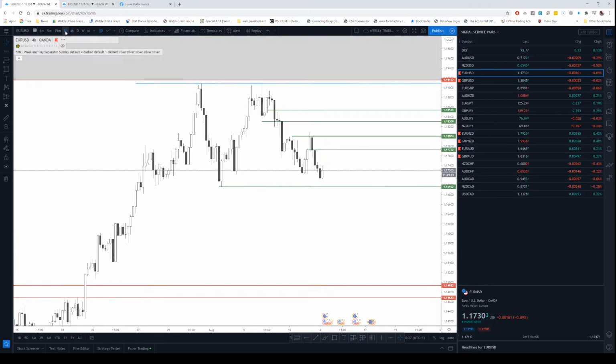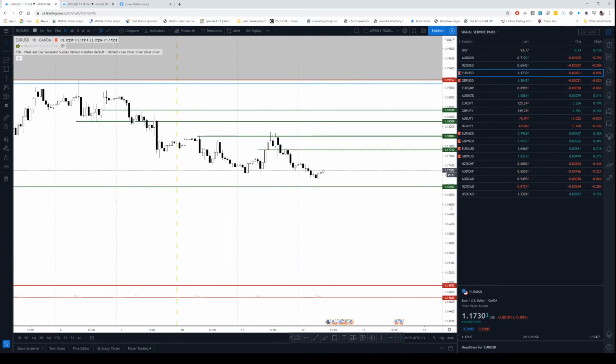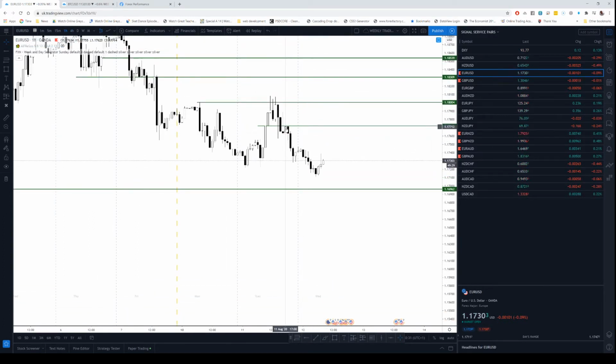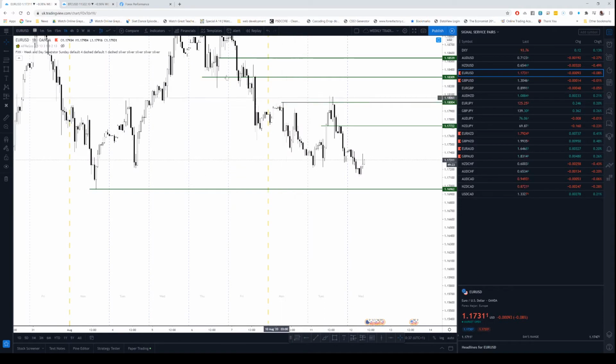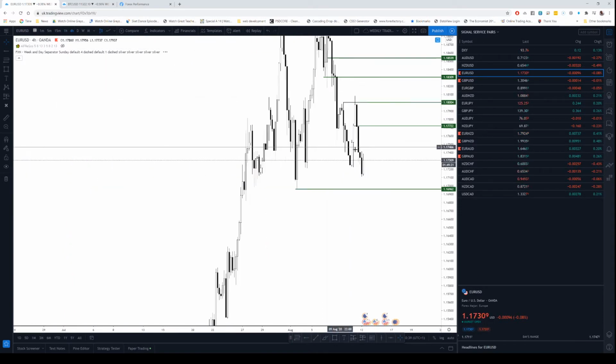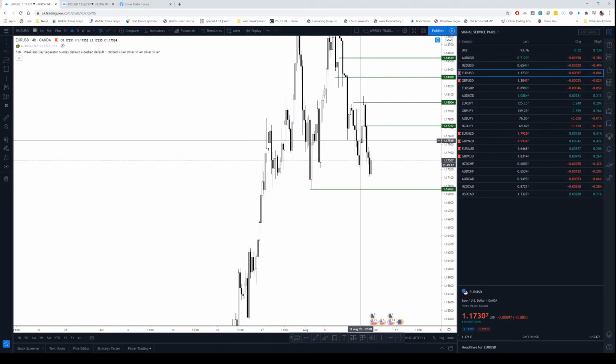If I drop down, you're going to see right there on this candle I sold, and then I targeted this equal low. It wasn't a lot of pips considering the other two, but I just decided to jump on this one.